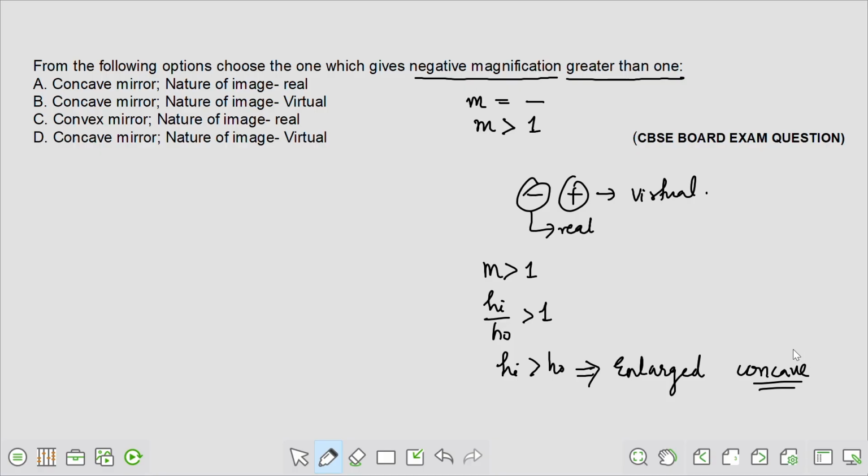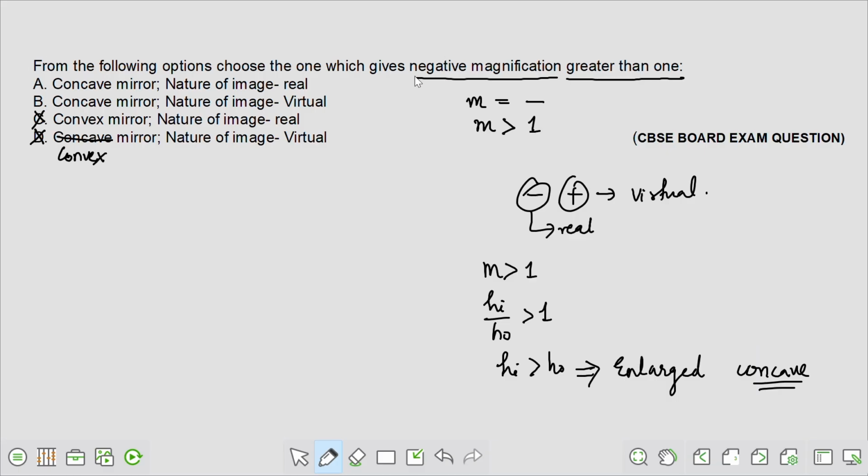So we can eliminate the options which include convex. We have to eliminate option C, and option D as well, because it is a convex mirror. So we have eliminated two options, C and D. Now we have to look at A and B. Only concave mirrors form enlarged images, so we have options A and B.